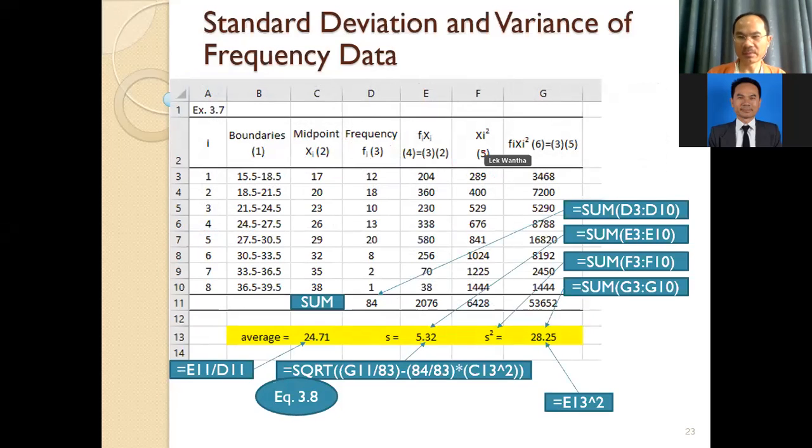You have many formulas, but for this case you use only fi xi square. You get fi xi square, and then you can calculate the standard deviation.